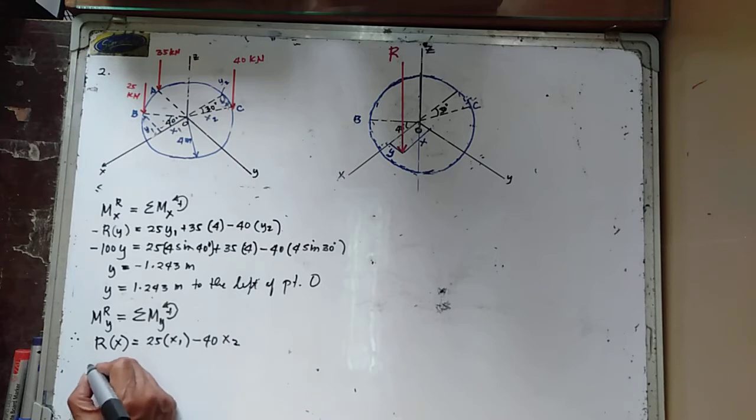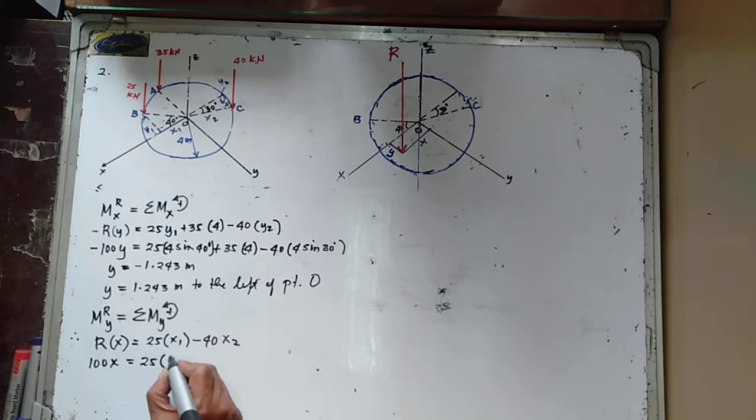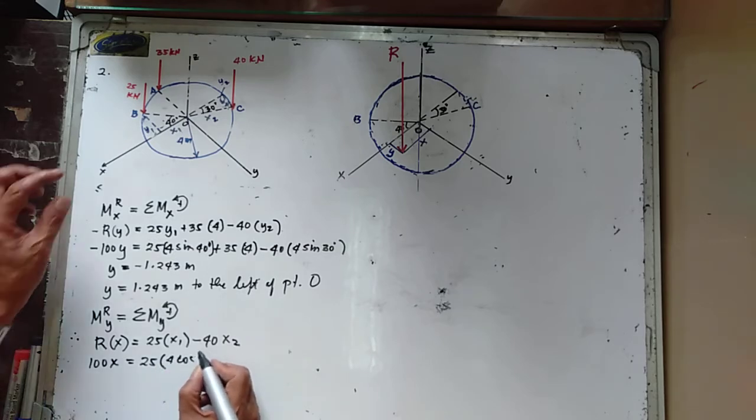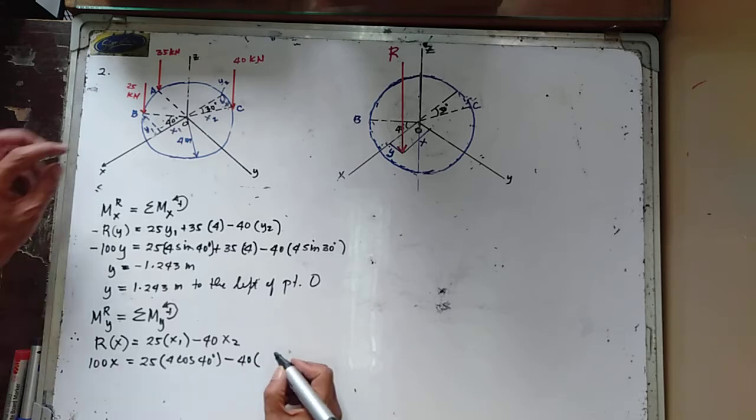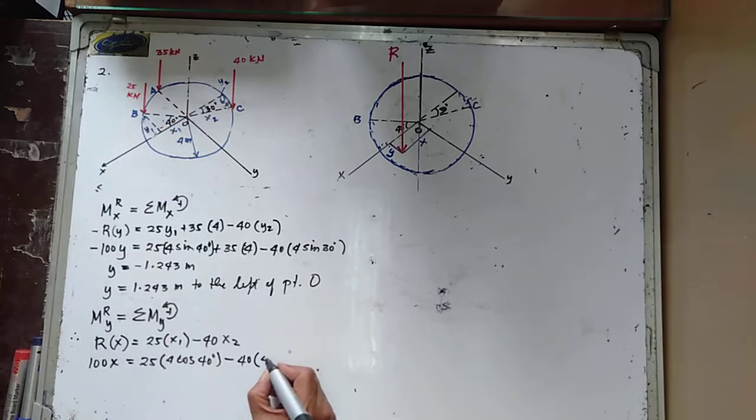So your R in here, 100x, is equal to 25 times your x1, which is 4 cosine of 40 degrees, minus 40 times your x2, which is 4 cosine of 30 degrees.